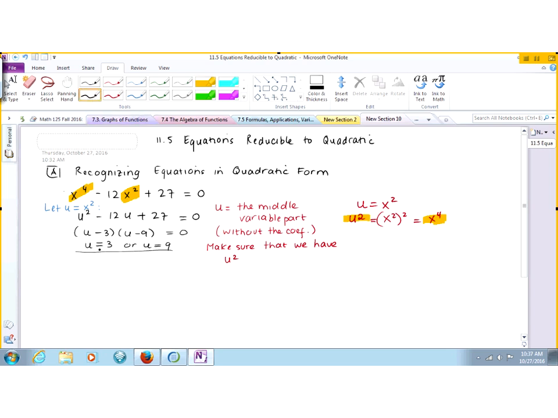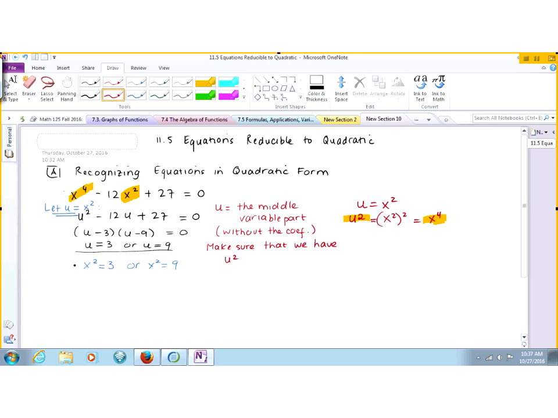Am I done with u? Yes. Now I have to go back to x. So what am I supposed to do now? This is my second step. What is u equal to? x squared. So x squared is equal to 3, or x squared is equal to 9. And then what? We're not done.